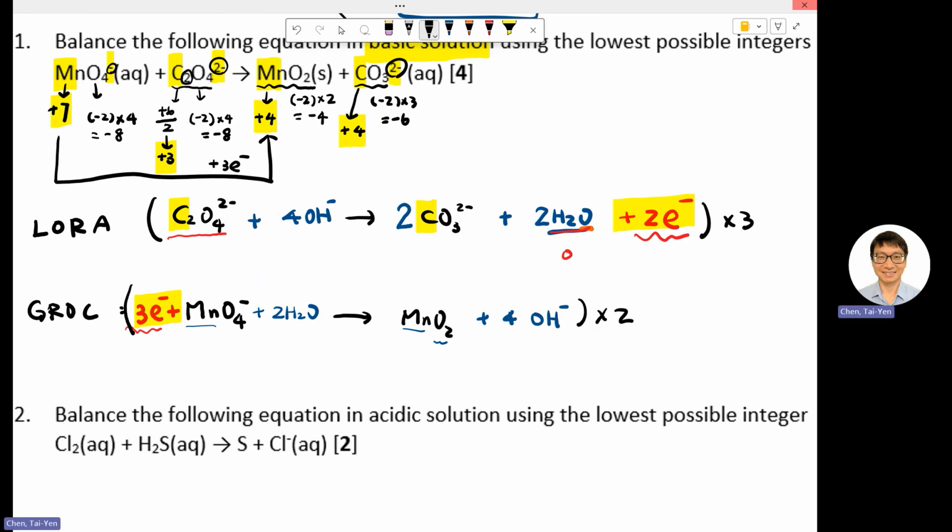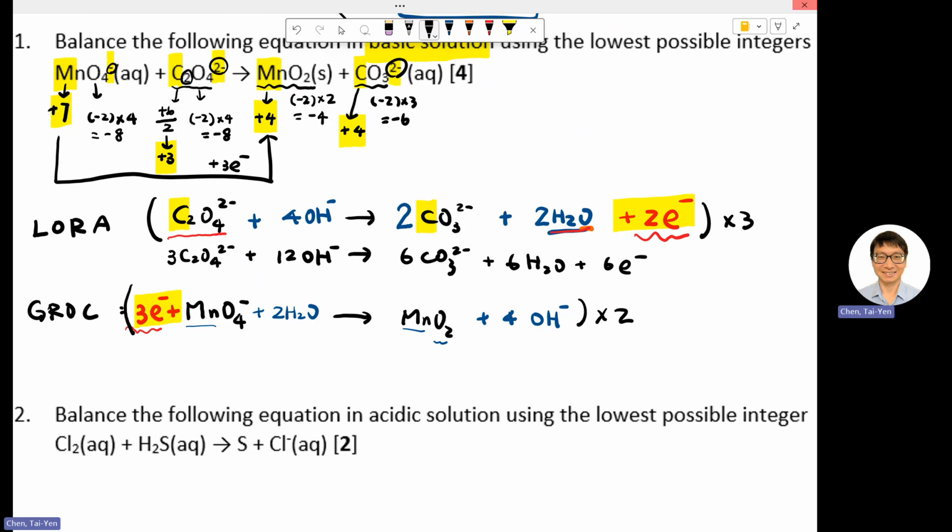Okay, so once we do that, what we're going to get is 3 C2O4 2- plus 12 OH- is going to become 6 CO3 2- plus 6 H2O, and then plus 6 electrons for your LoRa.